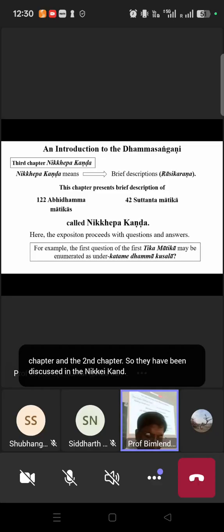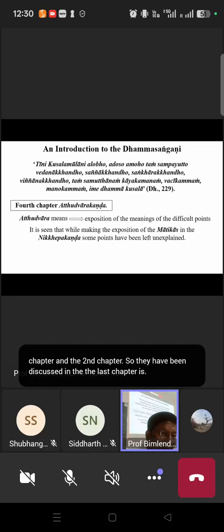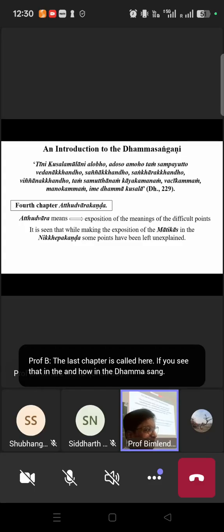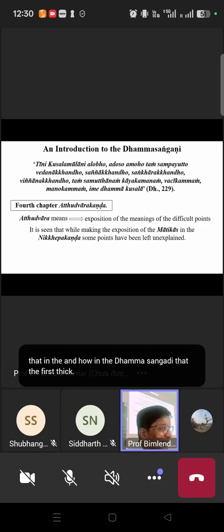The last chapter is called the Atthadvara Kanda here. In the Dhammasangani, the first Tikamatika, which starts as the Kusala Tika, has three questions: katame dhamma kusala, katame dhamma akusala, katame dhamma abyakata. The first question is: katame dhamma kusala?